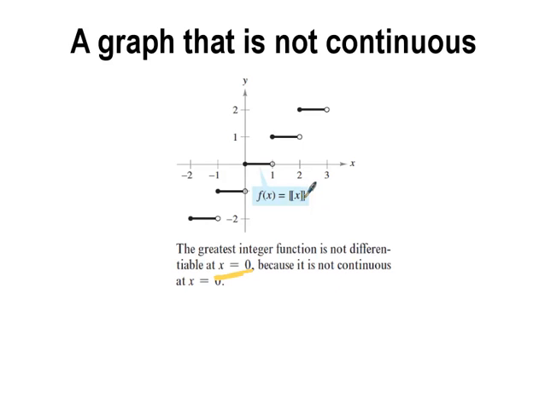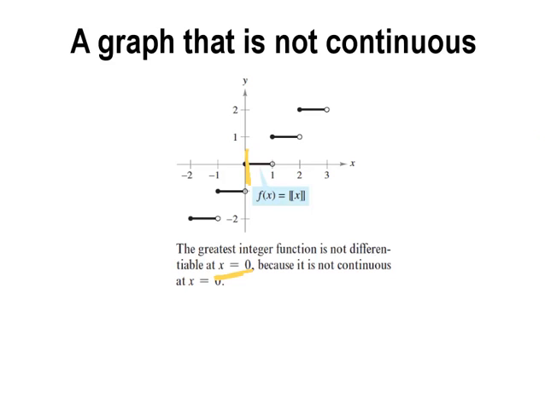So you cannot find the derivative because it is not continuous at 0. Now that's not saying you couldn't find the derivative at other possible locations. It's just saying at 0 it's not continuous, therefore you cannot find the derivative. So you can't find the derivative if it is not continuous at that specific point. All right, that's the first thing.